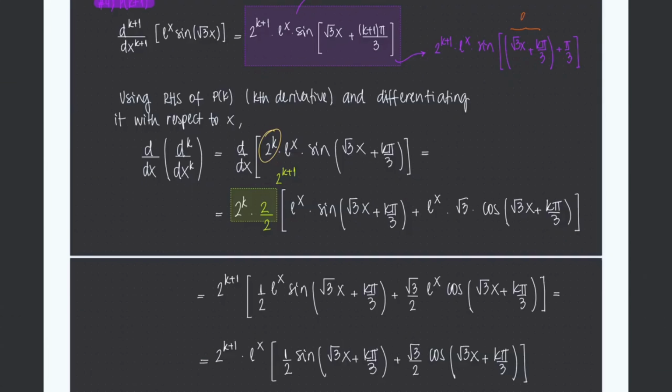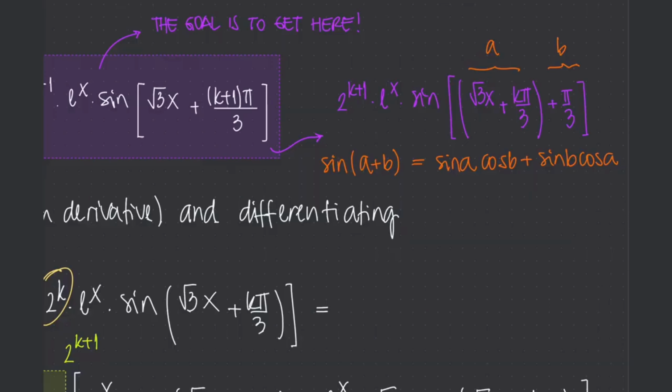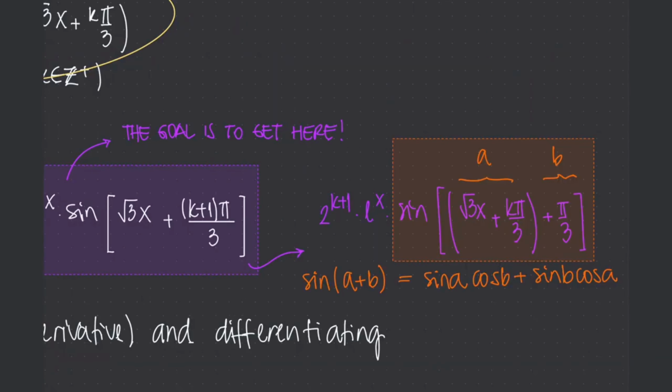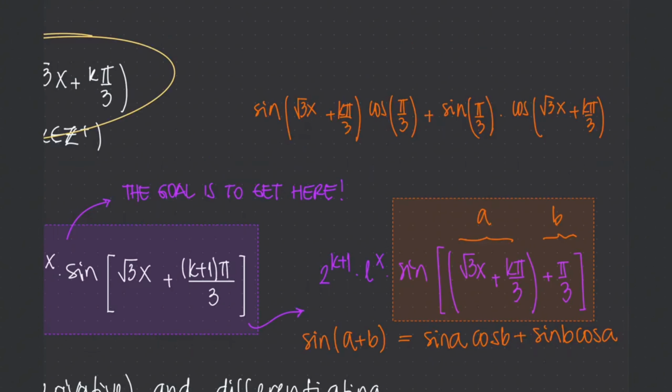Because if you view this as A and this as B, two different arcs, what you have here is, again, sine of A plus B. And we did use this identity before when we were proving the base case, which means this is the same as sine of A cos of B plus sine of B cos of A, which can also be rewritten given that cosine of pi over 3, which is 60 degrees, is 1 over 2, and sine of pi over 3 is root 3 over 2.